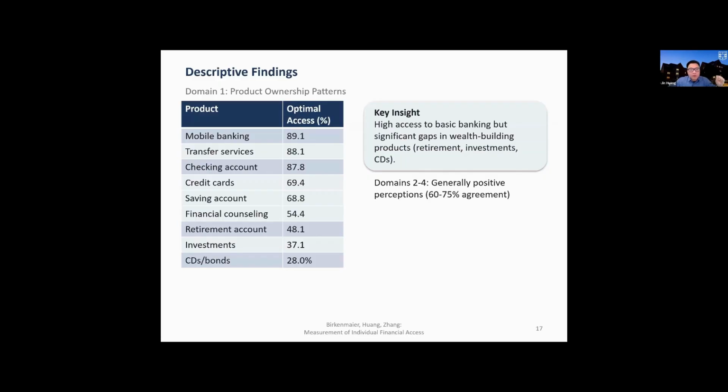They no longer distinguish between levels of financial access because the ownership rate is relatively high. This is why our final measurement scale prioritizes those advanced products. When we show our results later on, you will see that we really prioritize those advanced wealth-building products as the true discriminators of financial access.